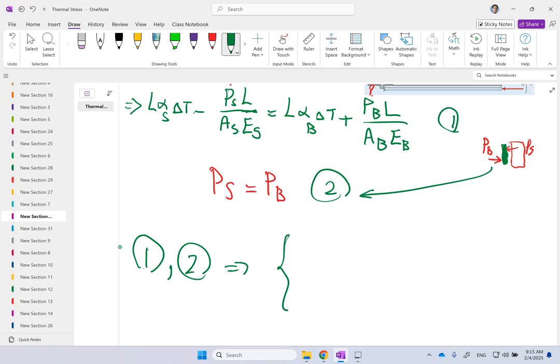So if I solve for them, I am going to get, well, since they are the same, there is only one solution.